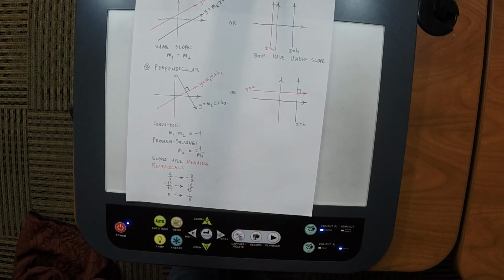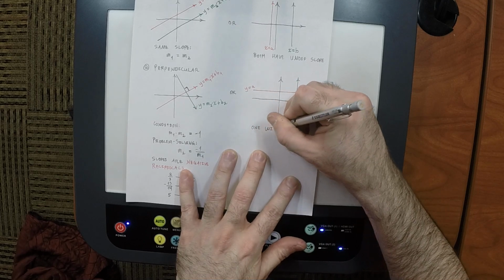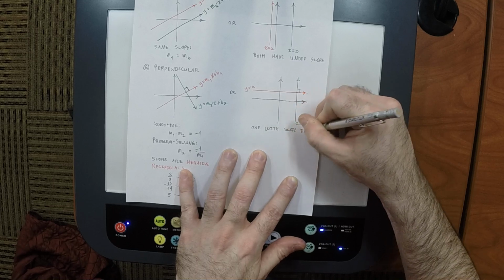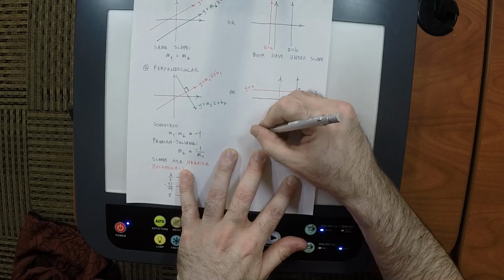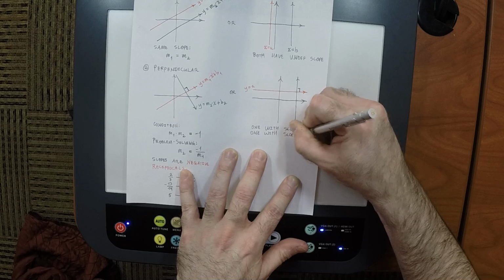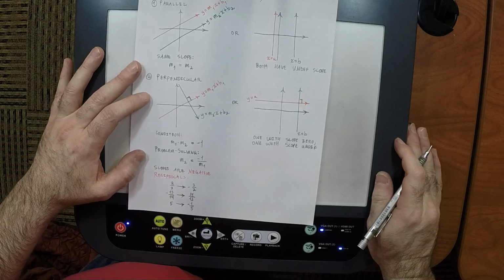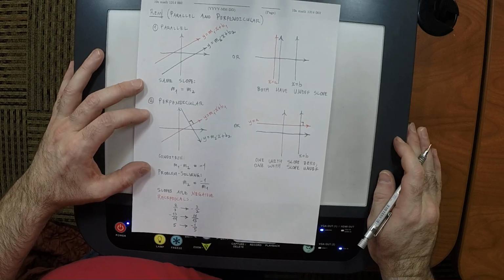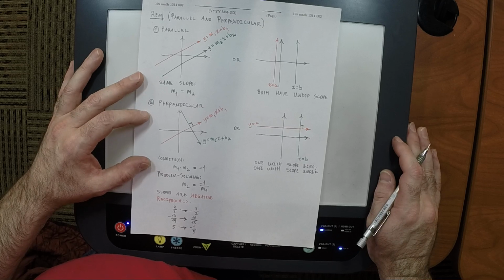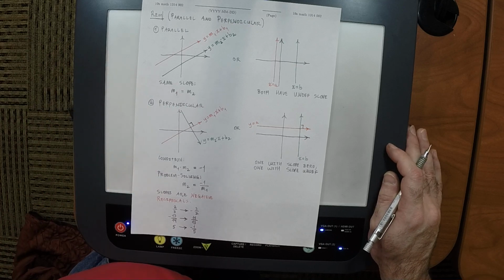Okay. So one with slope 0, one with slope undefined. All right. Any question about this?